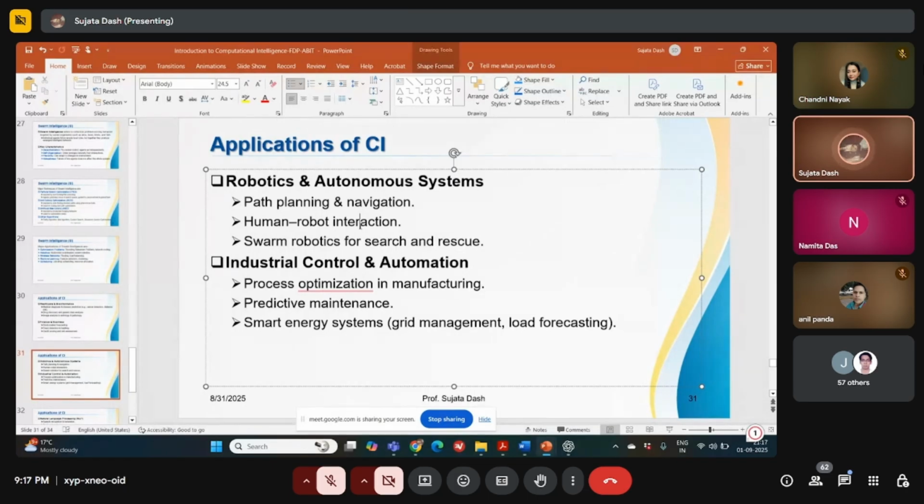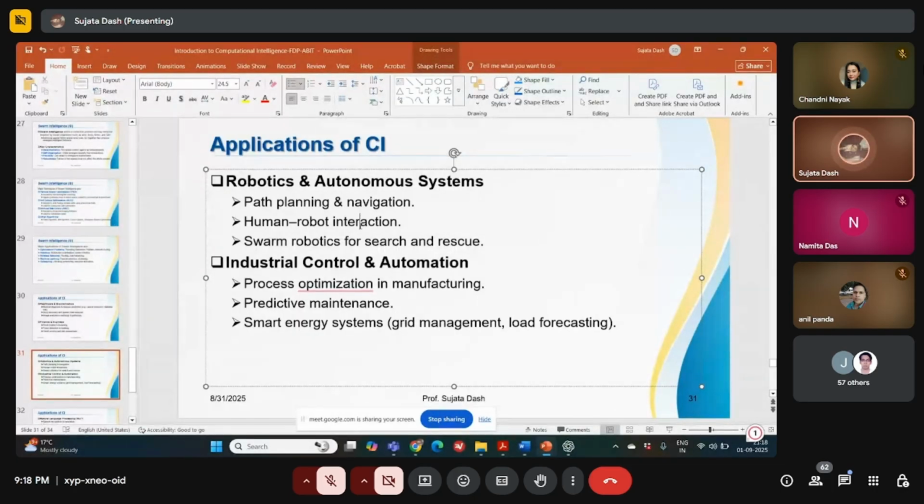The role of CI is that swarm intelligence helps coordinate distributed robots to explore, map, and find survivors in hazardous environments. So the example is a swarm of drones locating survivors after an earthquake. You can also use underwater robots to detect oil leaks. So these are the different applications or examples.